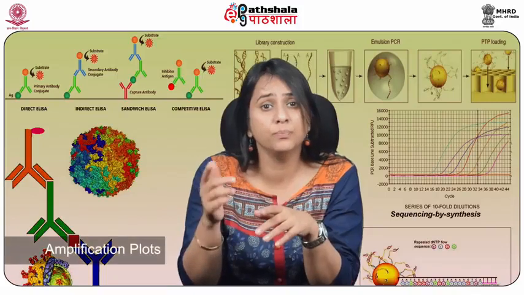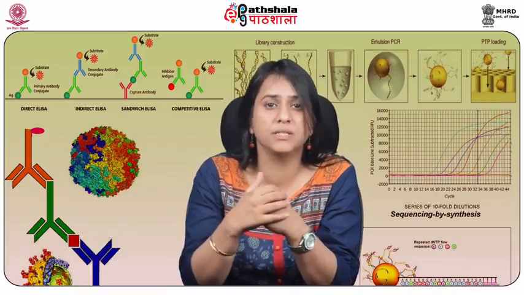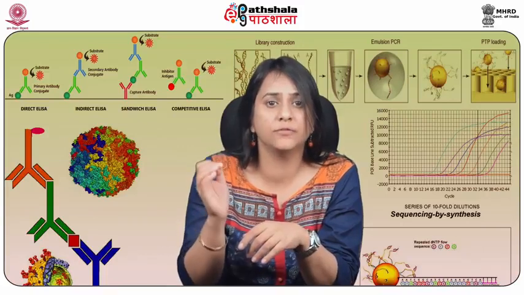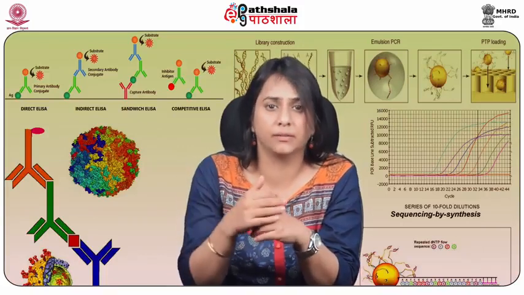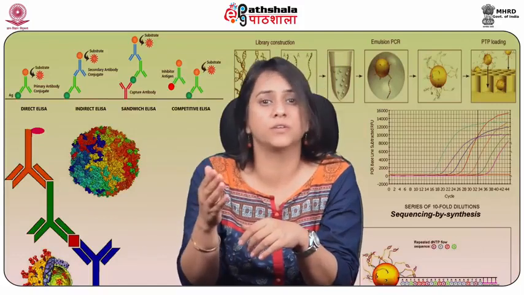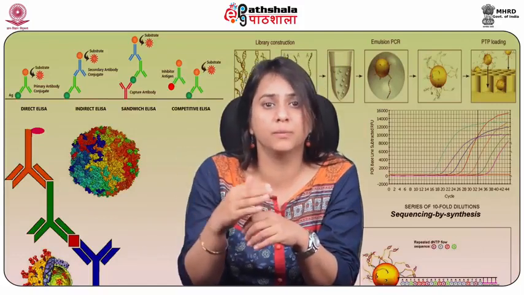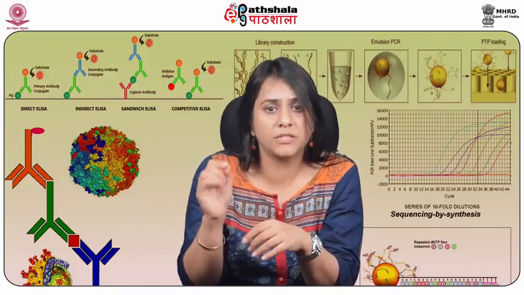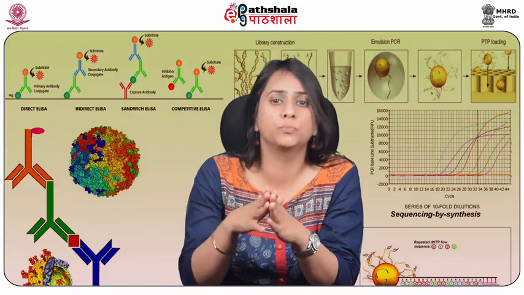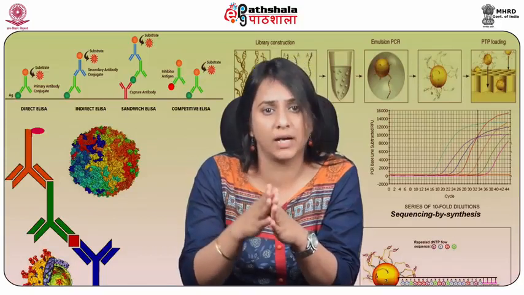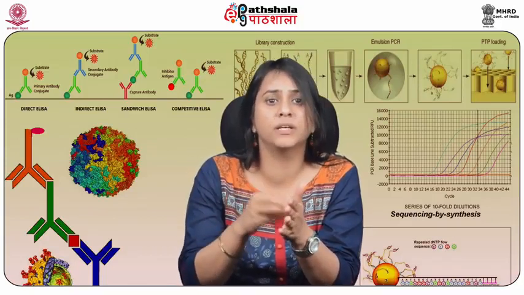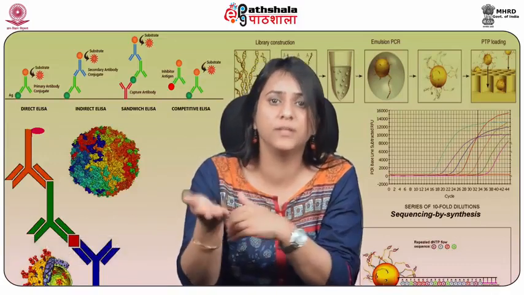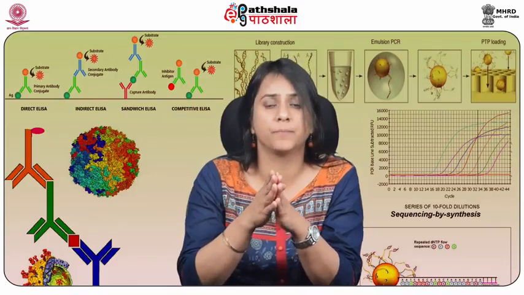The amplification plots which are produced in the PCR will show the increase in fluorescence with every cycle. Various specific and non-specific probes are employed in this method. For the non-specific probe, the most commonly used is SYBR Green dye, and the specific probe is the fluorescent label probe, and these two techniques I have discussed briefly in the modules.